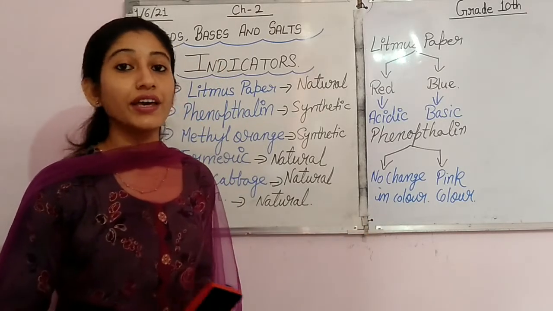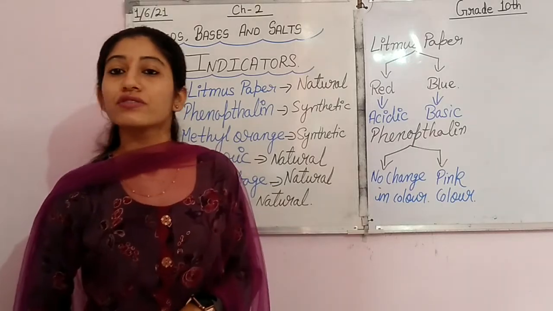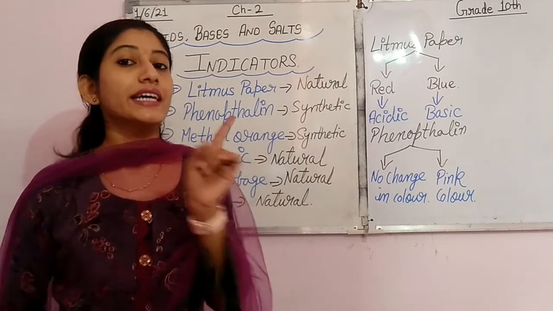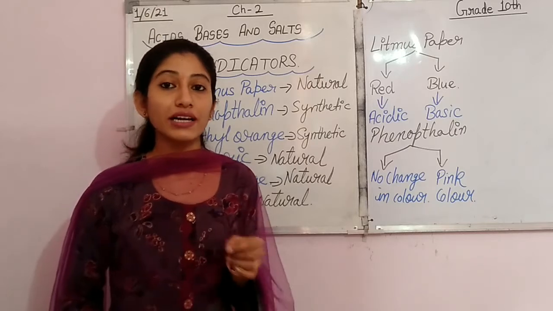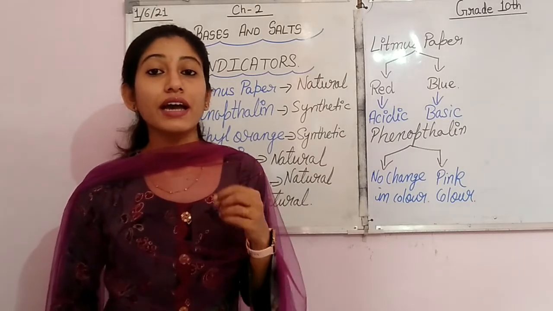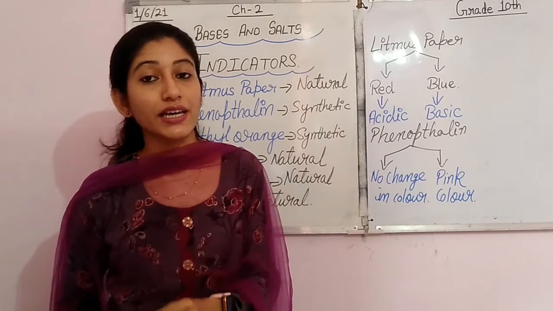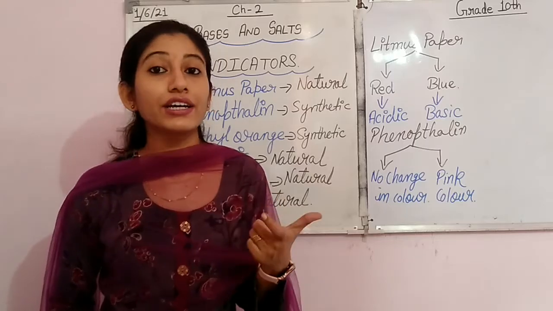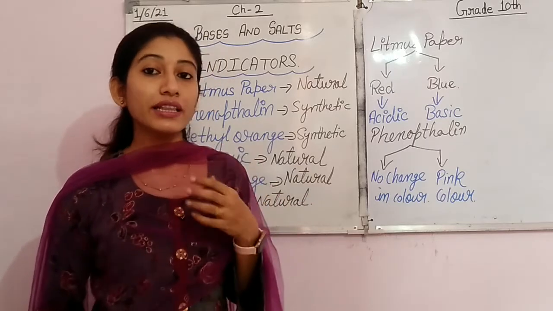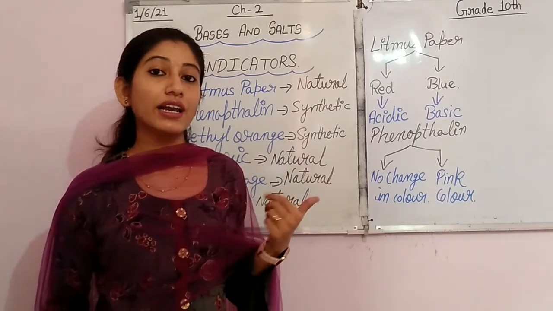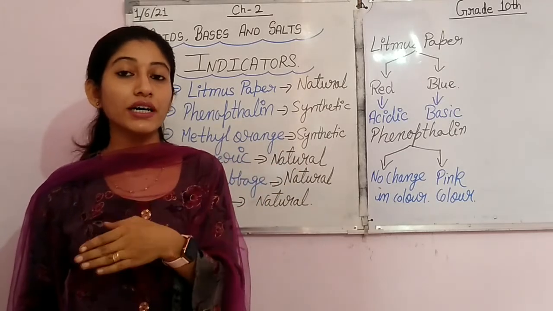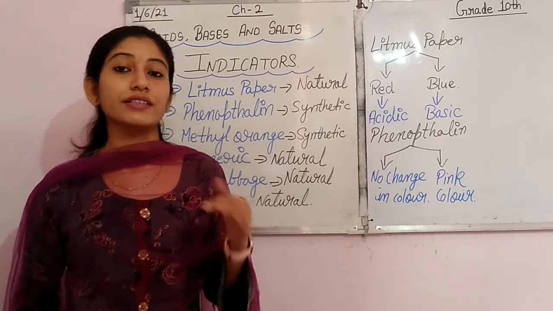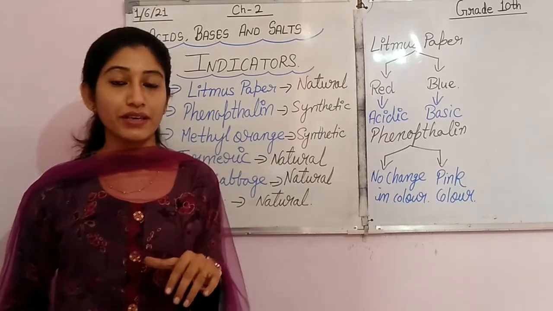In the same way, we have turmeric. Turmeric also does not give any color for acids, but it shows a color change when it gets some basic substance, and it changes into reddish brown color. So in this way, by changing the color, these indicators give us an idea about the substance, whether it is acid or base.